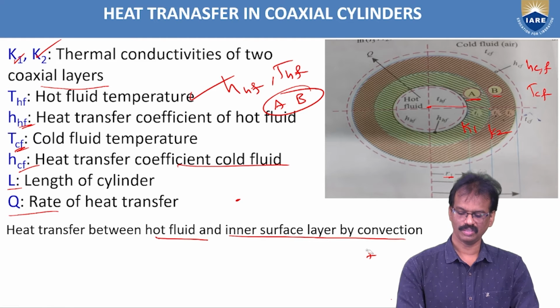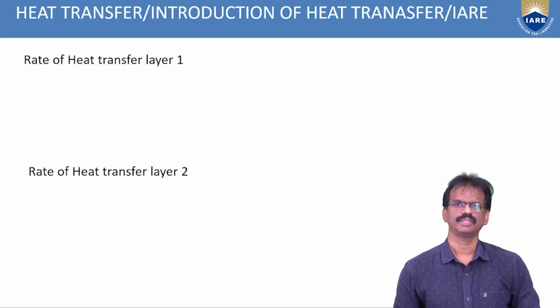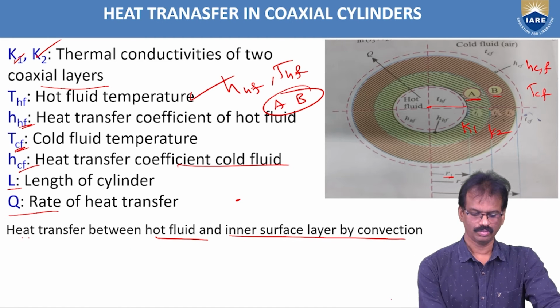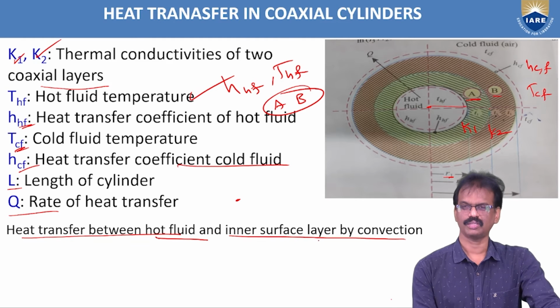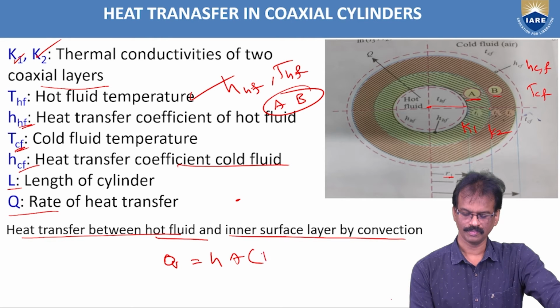You know the formula for convection: Q is equal to HA times the temperature difference. The temperature difference is from the hot fluid to the inner surface temperature, T1.